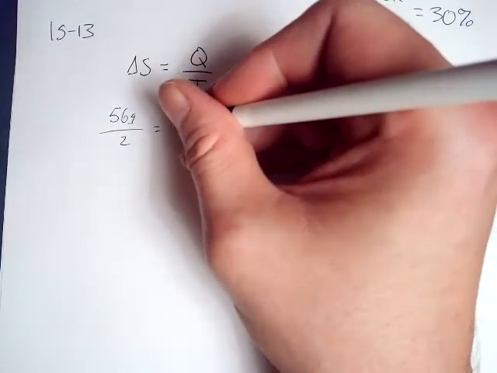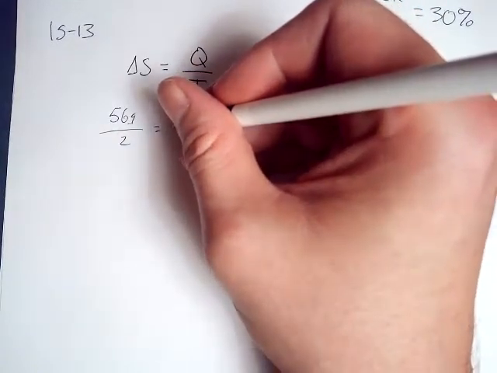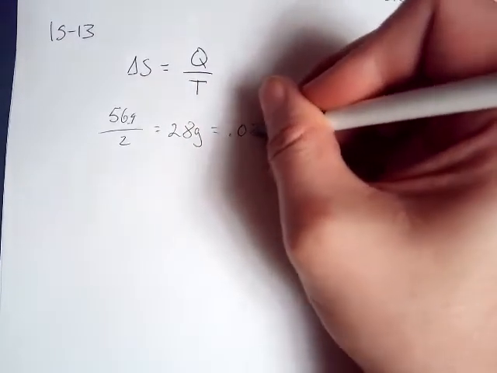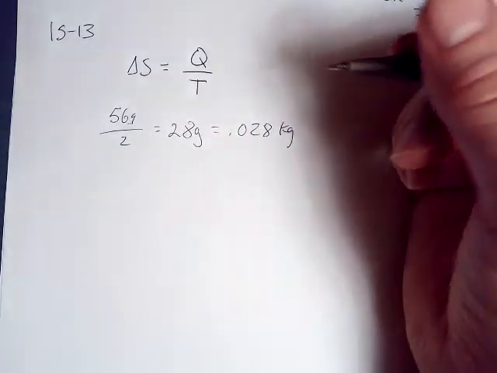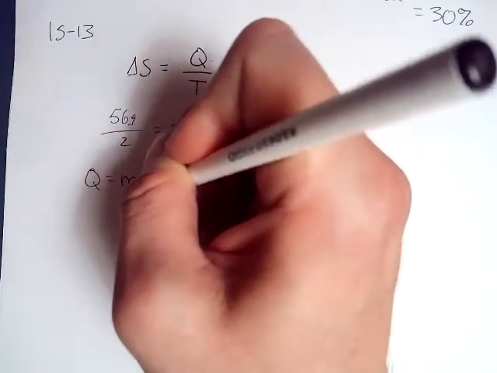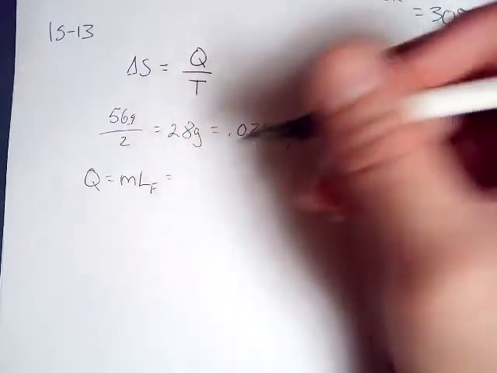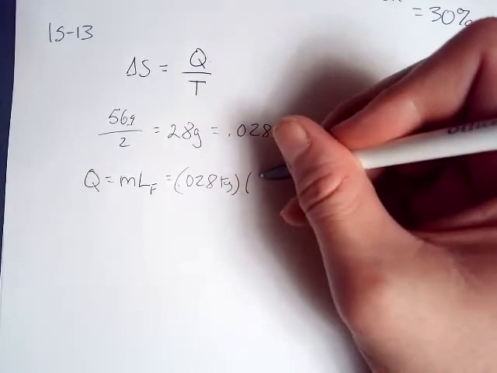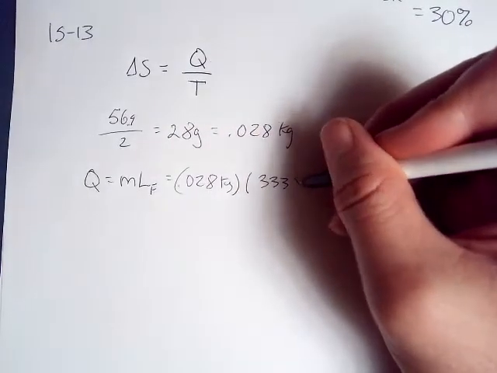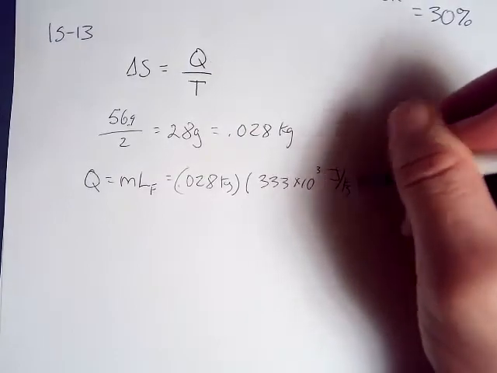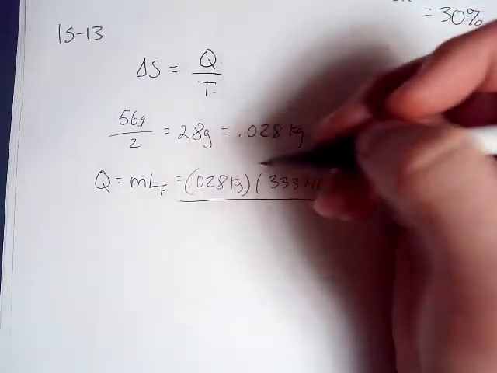So 28, so 0.028 kilograms is melting. So the Q here is this latent heat of fusion. And this again is that 333 times 10 to the third joules per kilogram.